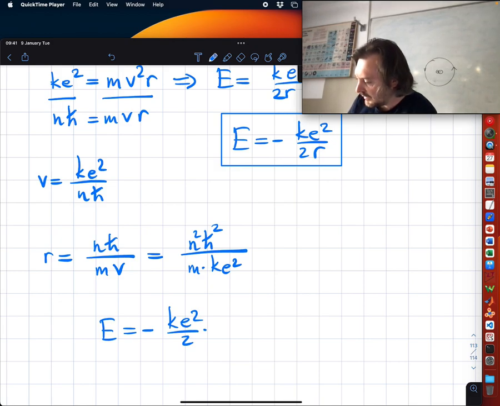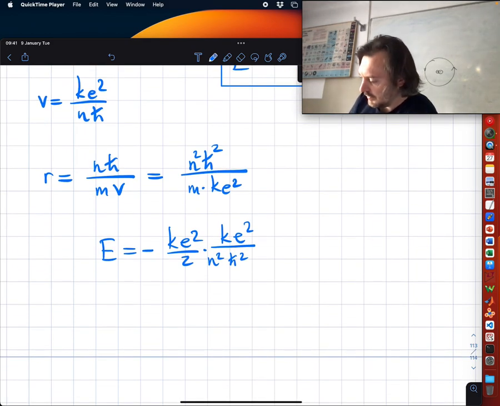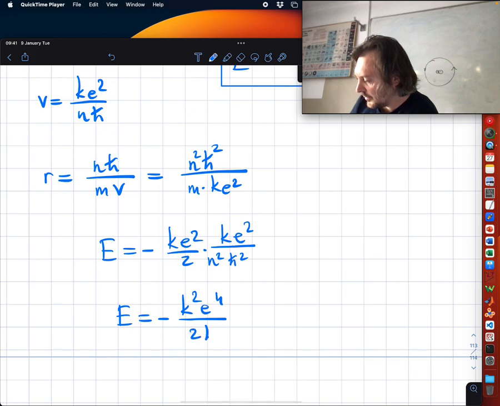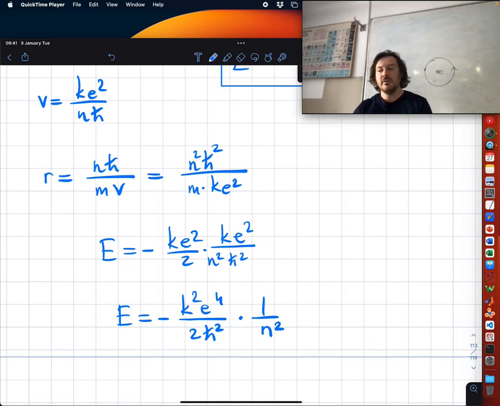In terms of r, I have n squared h bar squared and ke squared here. So what do I get? E is equal to minus k squared e to the 4 over 2 h bar squared times 1 over n squared. Okay, and with this, yes?